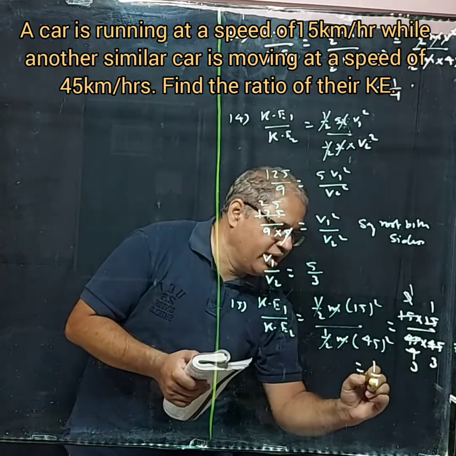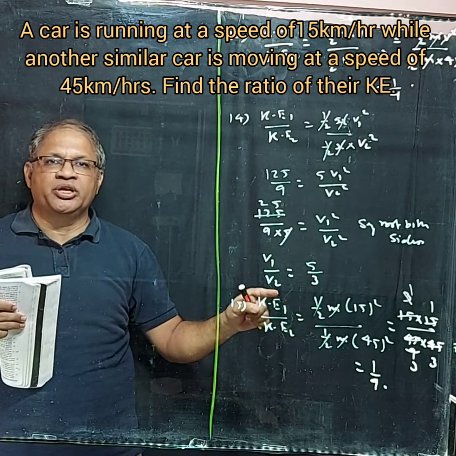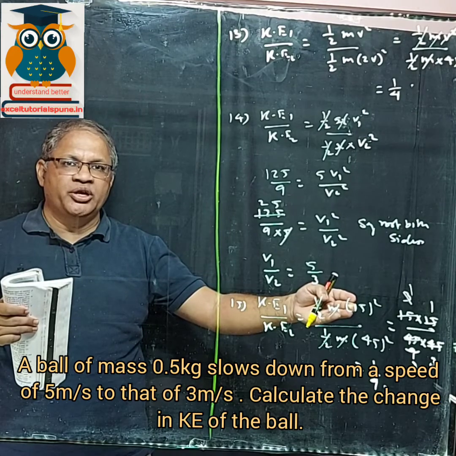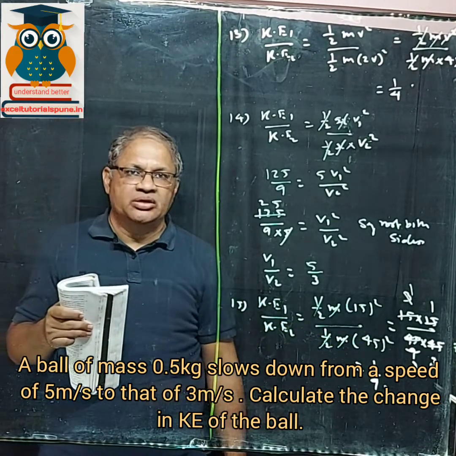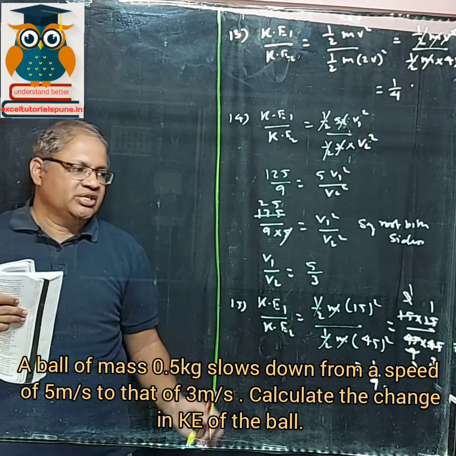So it's 1 upon 9. I would have converted this 15 kilometers per hour to meter per second, but when you multiply by 5 upon 18, that also gets cancelled, so I kept it as it is. If you want, you can convert it into meter per second and substitute also. You will get the same answer.